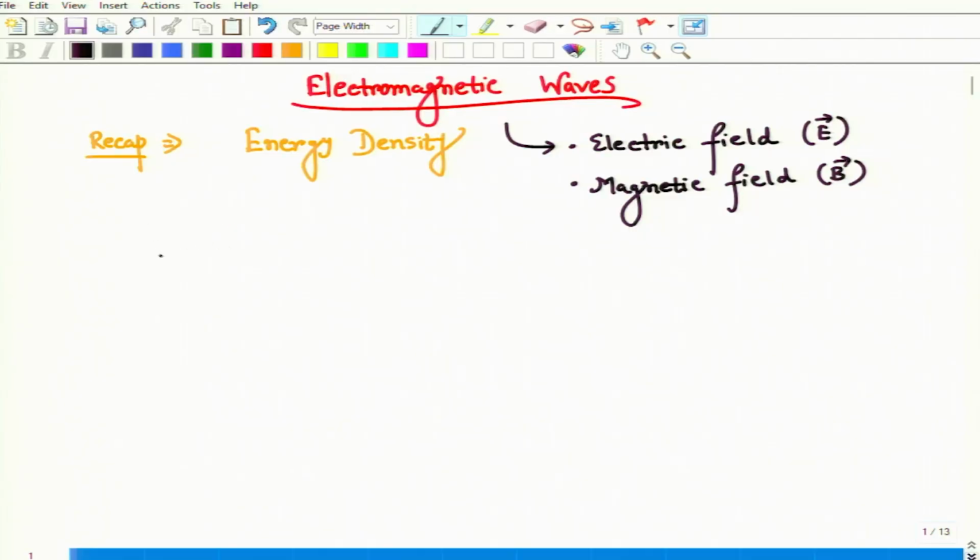Okay, so let us define the energy density. I am not going to derive it again as I derived it in the last class. Energy density for the electric field.